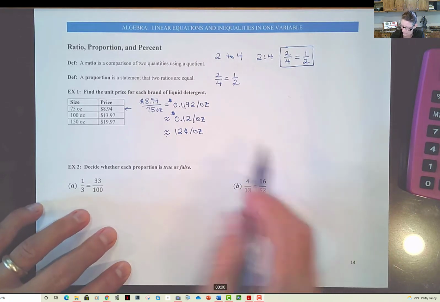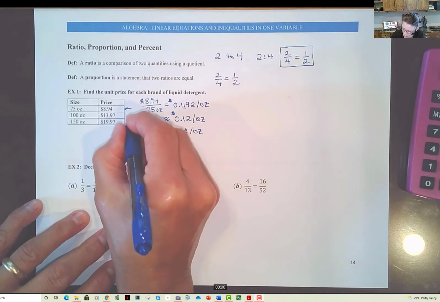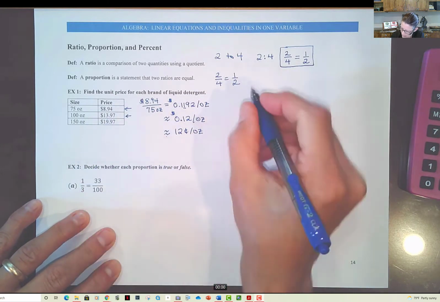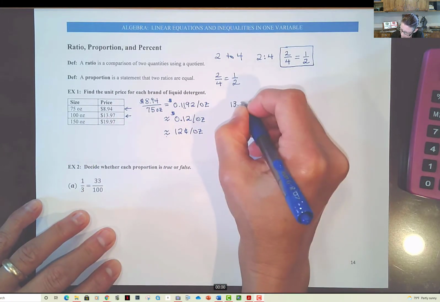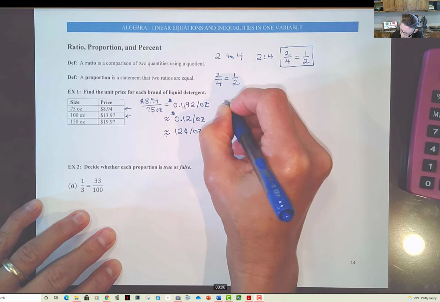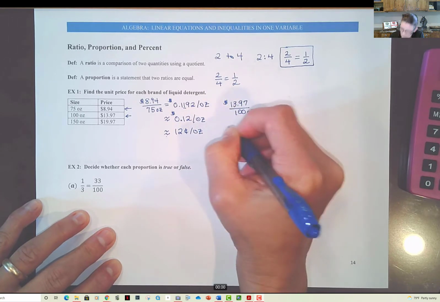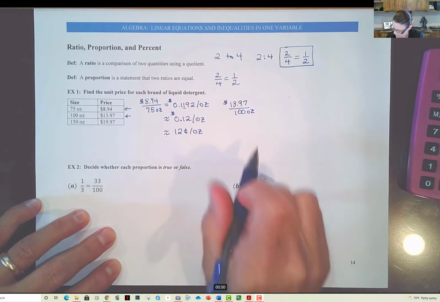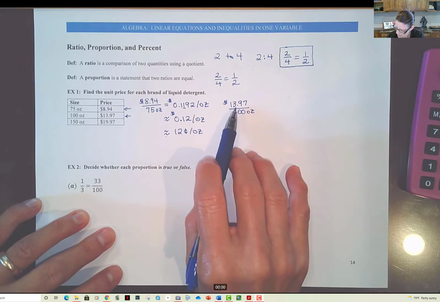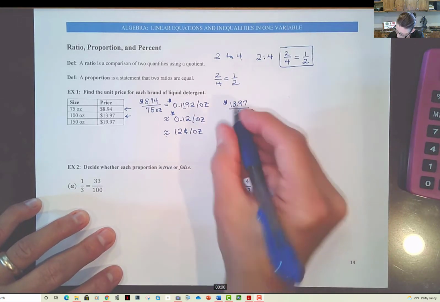Now if we do likewise with our other purchase options and divide $13.97 by 100 ounces, I don't need my calculator for this. As we divide by 100, it's going to move the decimal point 2 places.